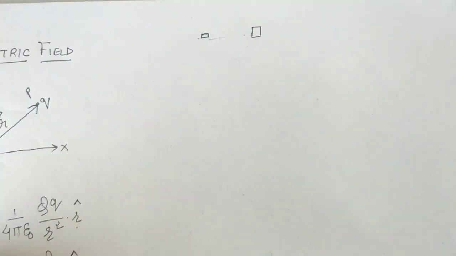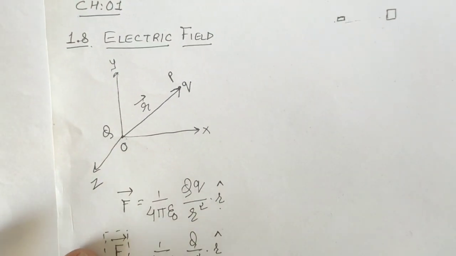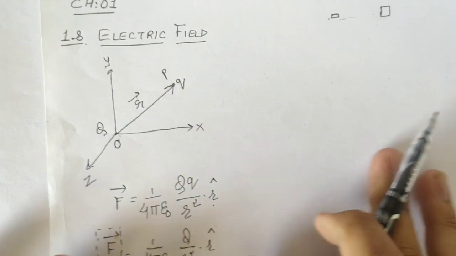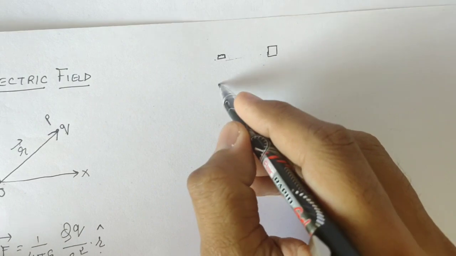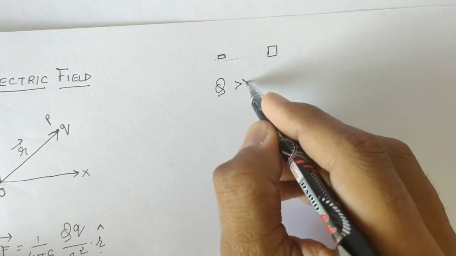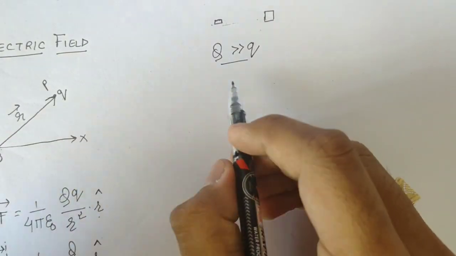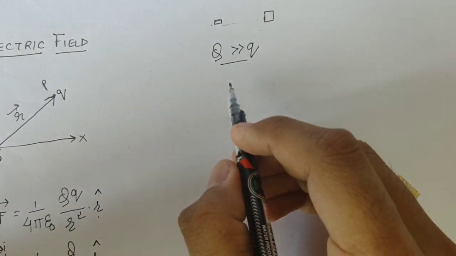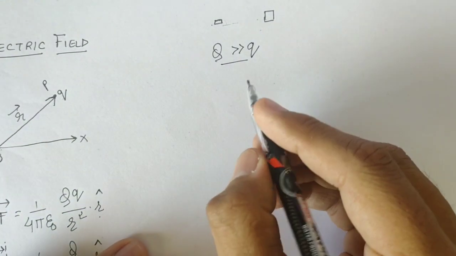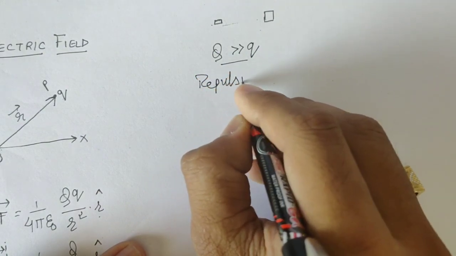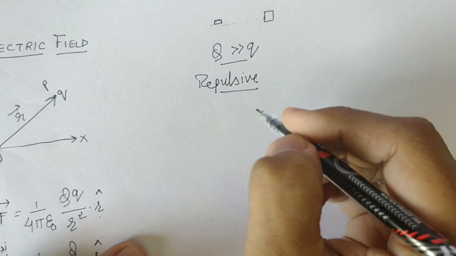Similarly, here we have two charges, capital Q and small q. Capital Q is quite larger than small q. The force between them is repulsive because both are positive.